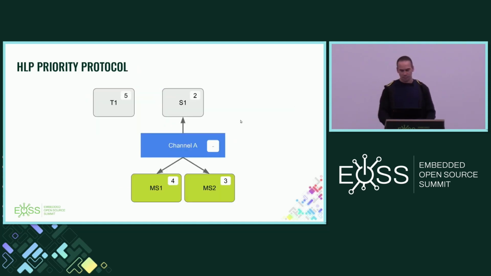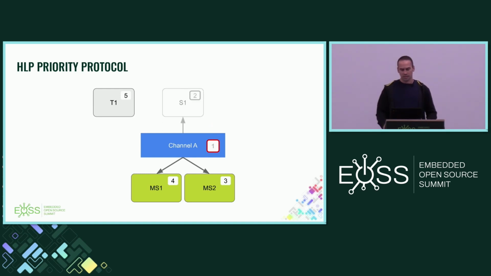To define that, for example, here we have S1, MS2 and MS1. MS1 has the highest priority here, so the ceiling priority of the channel would be 1. So with that priority, T1 could publish to channel A without priority inversions, without preemptions, and no listeners after observers, right?